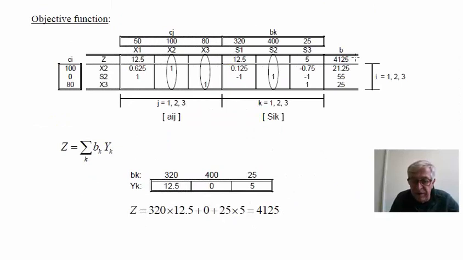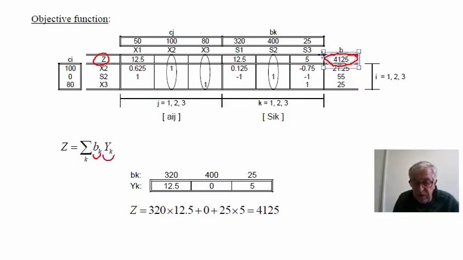So let's start by verifying the value of the objective function. So we have here the optimal table, and we saw in a previous lecture that the solution of the objective function is equal for the primal and the dual formulation. And in the dual formulation, we saw that the value of the total opportunity cost can be obtained by multiplying the availability of the resources by the shadow prices.